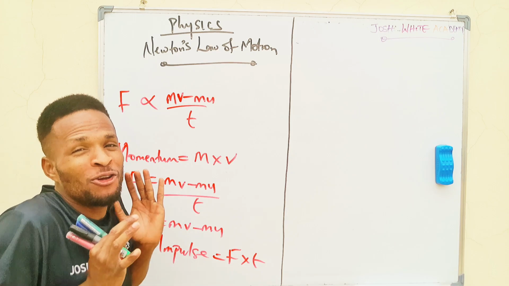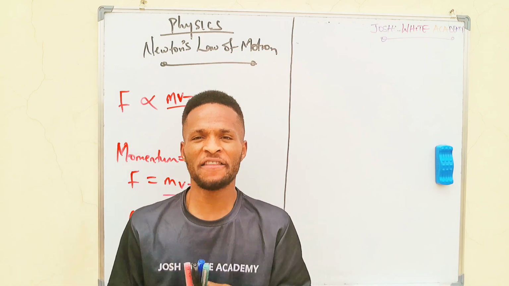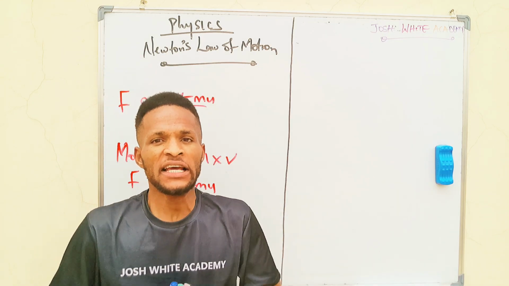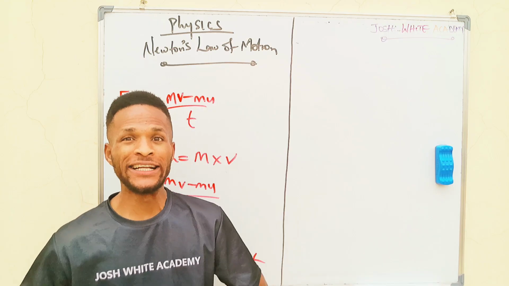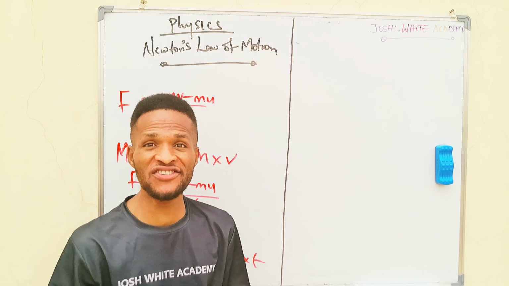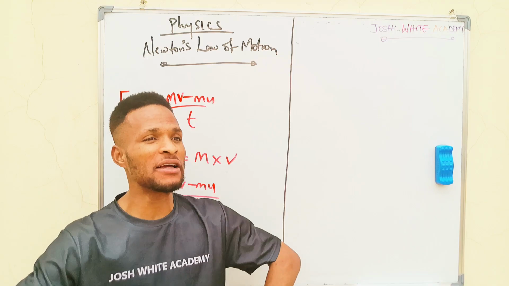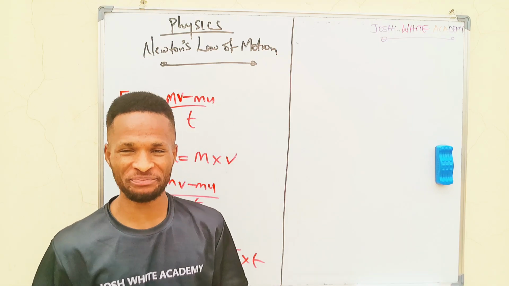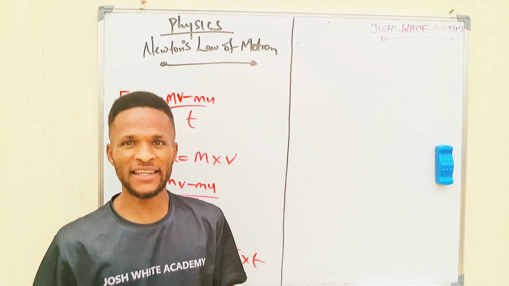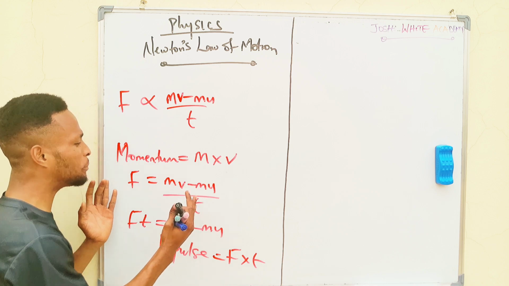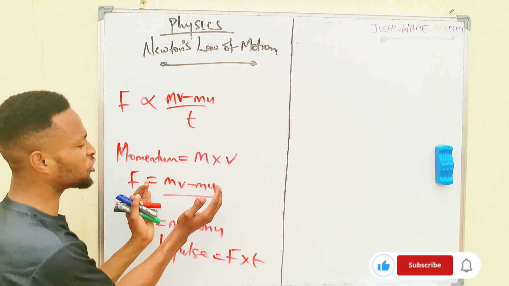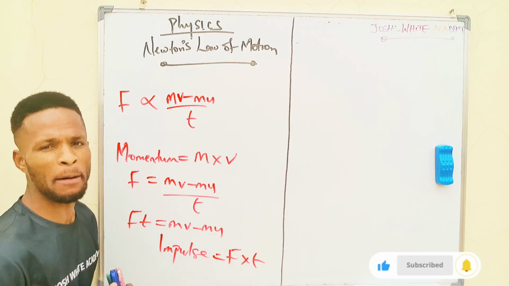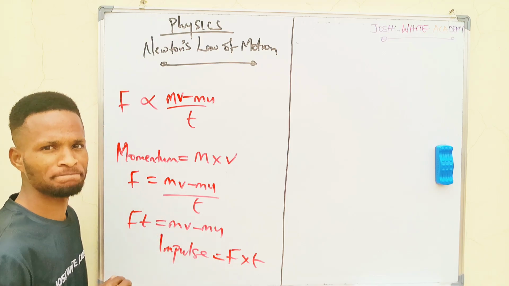So Newton's second law of motion tries to explain that if more force is applied, the body tends to have more momentum. That means there is a direct relationship between the rate of change of momentum and the applied force.